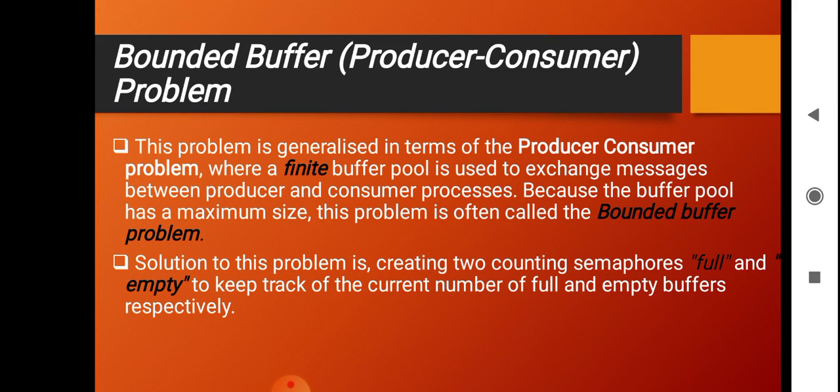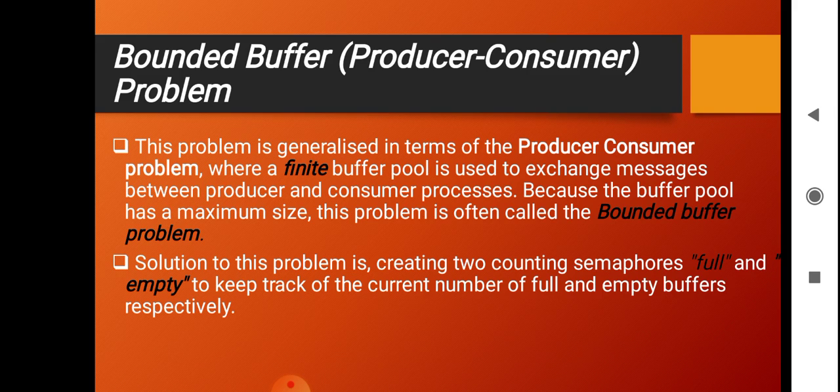As we already studied in the third unit, the producer and the consumer are nothing but two processes, or inter-process communication processes. Here the buffer pool has a limited or finite size. Whatever the size, there is definitely a certain size. Hence the name bounded buffer problem.